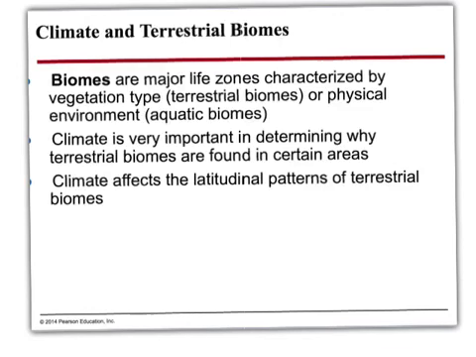It's based upon the distribution of characteristic plants and animals. A biome is characterized by a couple of things: temperature and the amount of precipitation.